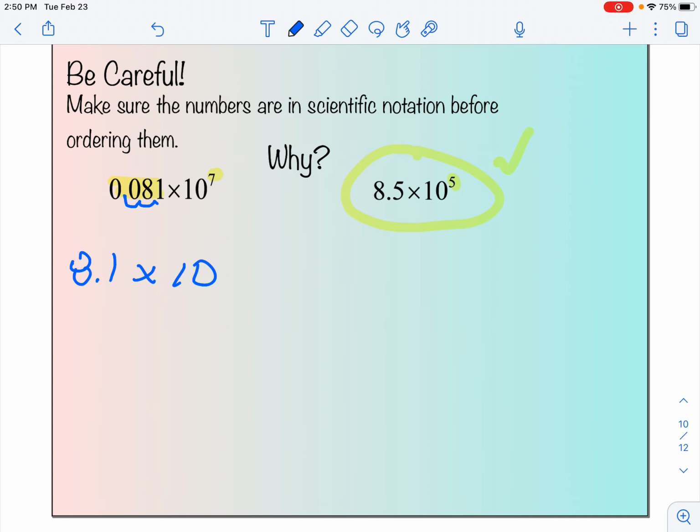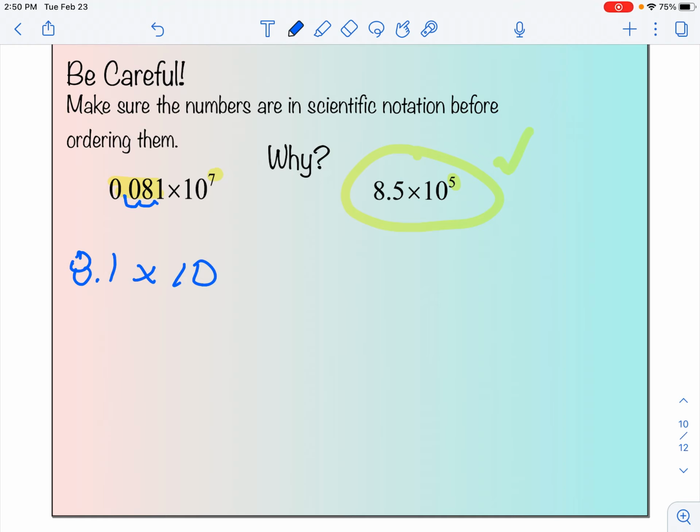Okay, so in order to get to that number, I had to divide by 10 twice, which means to sort of get back to the number, I'm going to have to take that exponent. So you can kind of think about it like this.